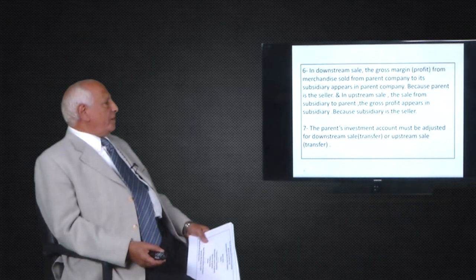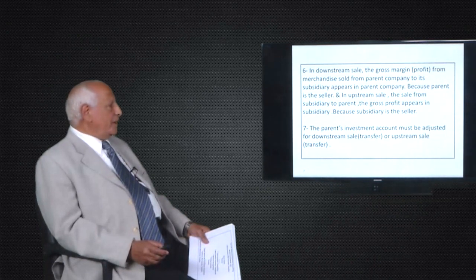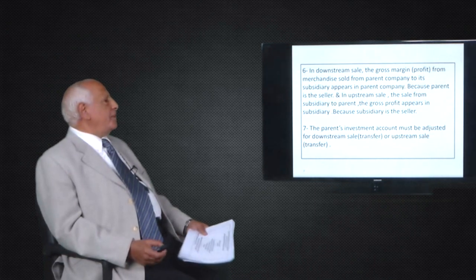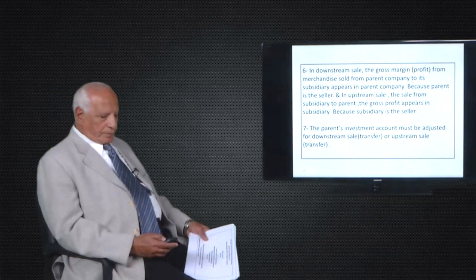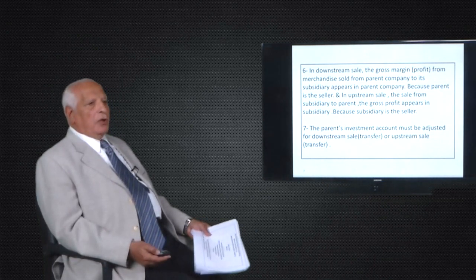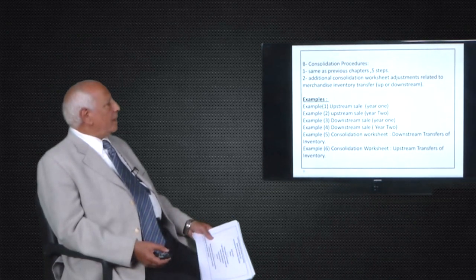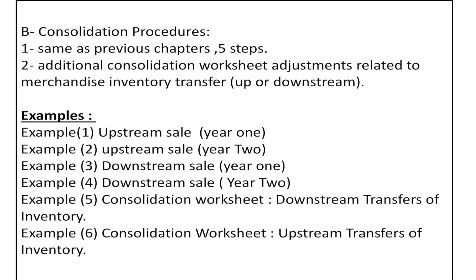Next, the parent investment account must be adjusted for downstream or upstream sale transfers. How are we going to do it? I have to give you an example to explain this. Next, consolidation procedures.